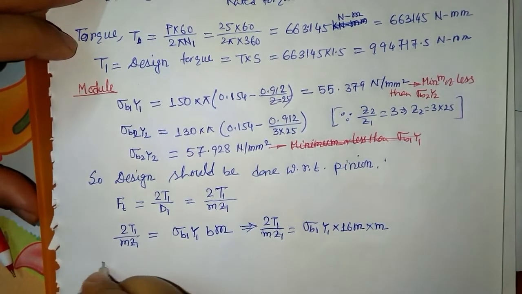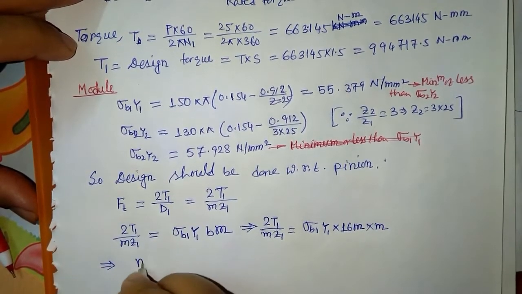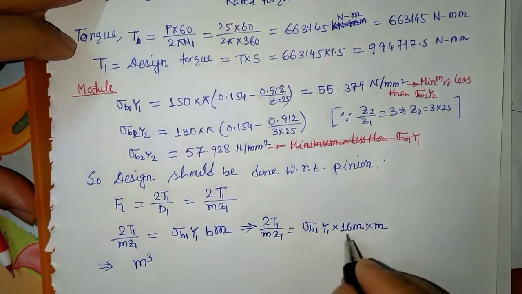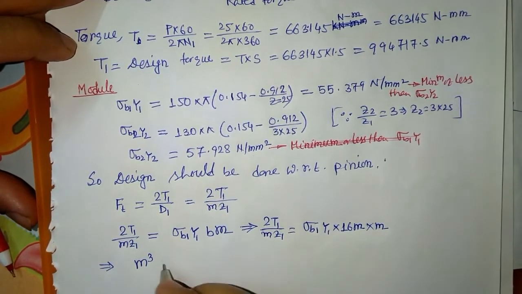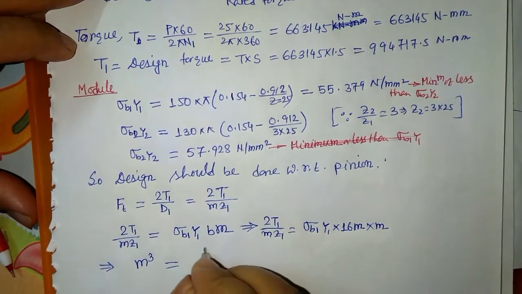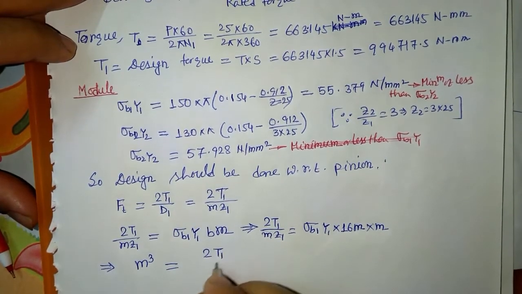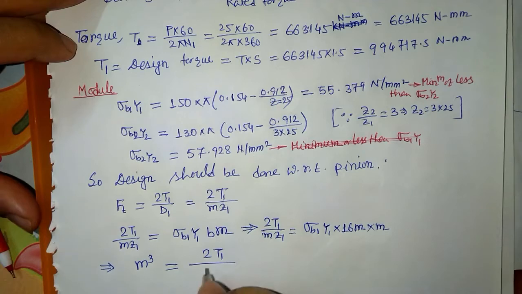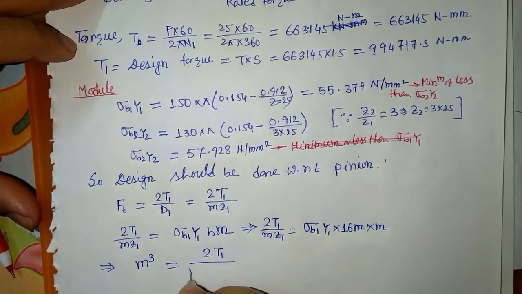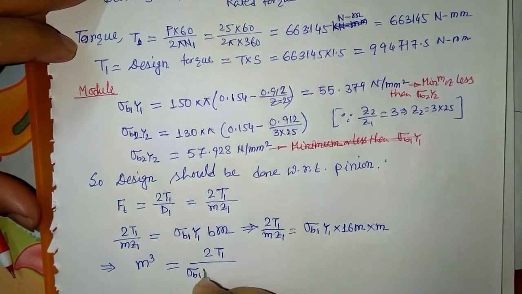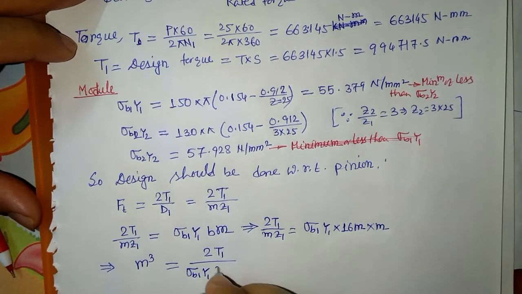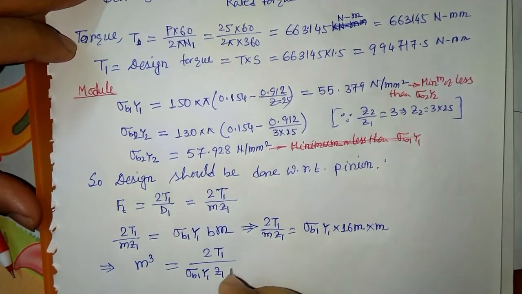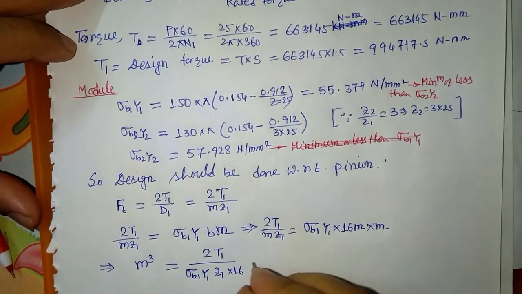Now if we simplify, we will get m cube equal to 2T1 by sigma B1 Y1 Z1 into 16.